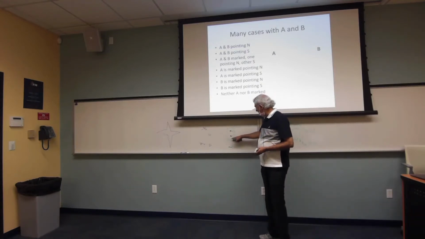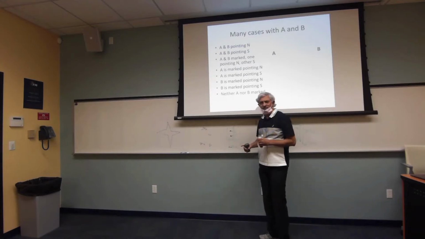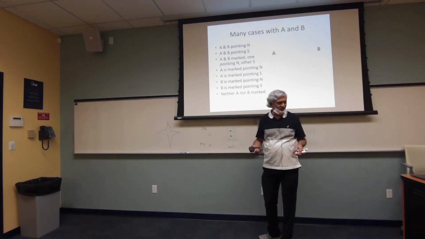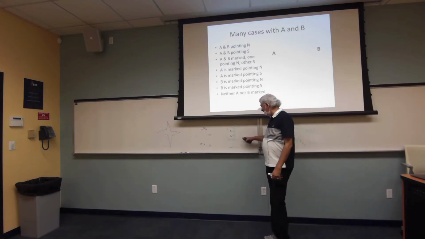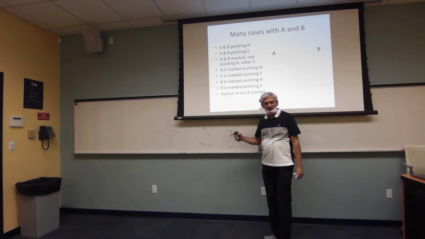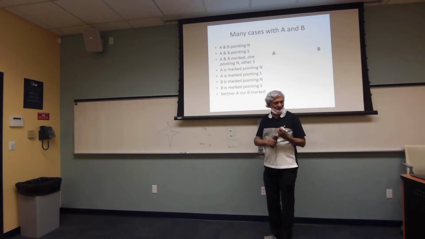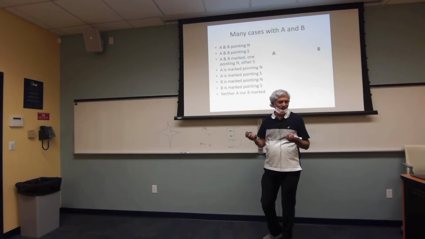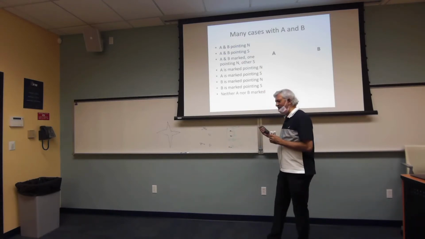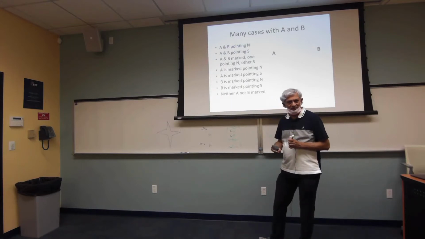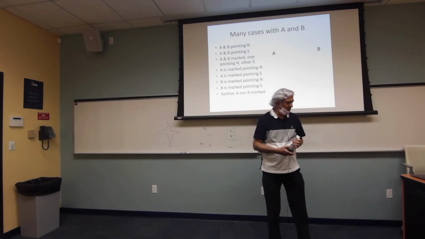What if you could have various choices in terms of how the various aisles are directed, and there are different cases depending on how many of these aisles are marked: 0, 1, 2, or more. And in each of these cases, you have to figure out whether you can find a path or not.